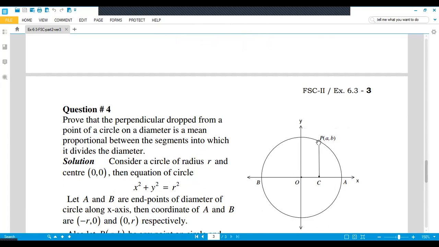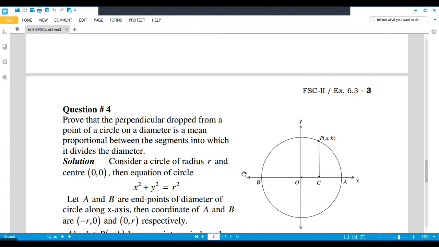What you have to prove is that the perpendicular dropped from a point of a circle on the diameter is a mean proportional between the segments into which it divides the diameter.